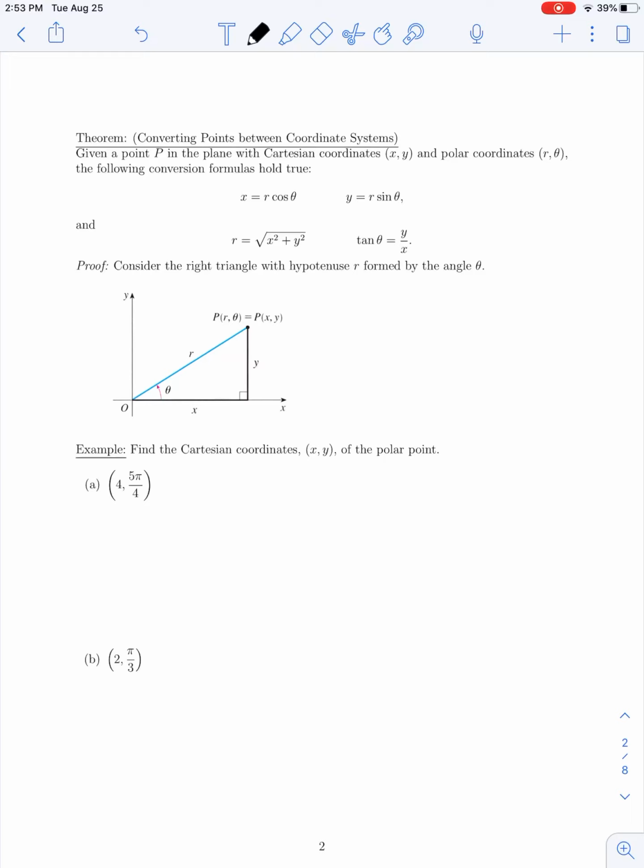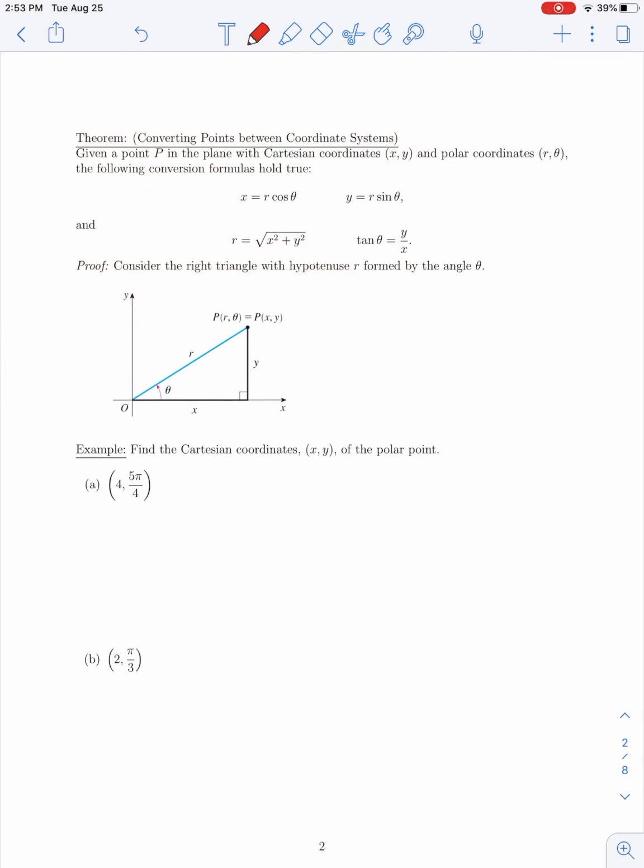So typically we'll be interested in representing points in the plane either using the Cartesian coordinates x, y, or using these new polar coordinates r, theta. So if we have a representation of a point in one system, we'd like to be able to move to a representation in the other coordinate system.